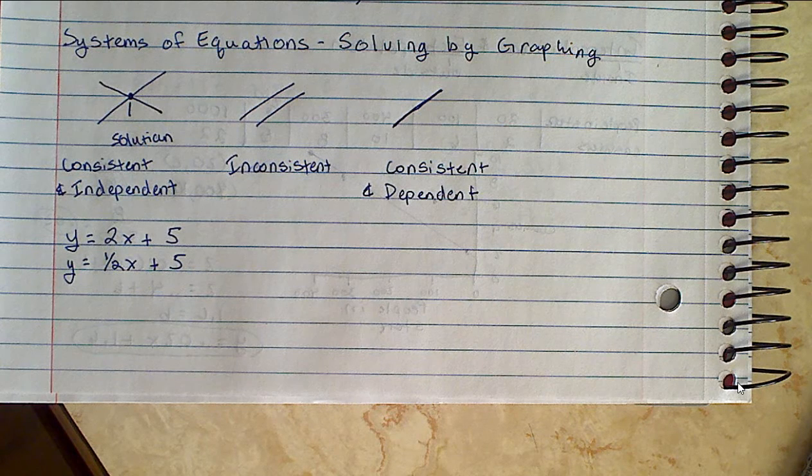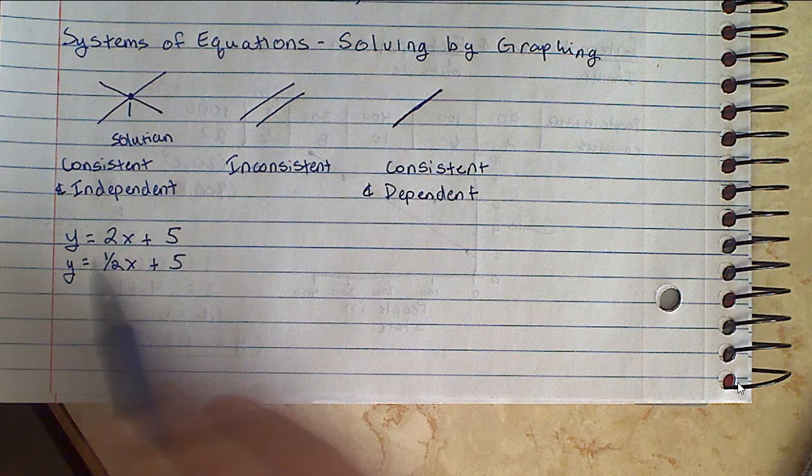So with these two lines here, I want to find, first of all, I want to tell if they're consistent and independent, inconsistent, consistent and dependent, and then if they are consistent and independent, I want to find what the solution is. So the point where they intersect. I want to say what that point is if they intersect. If they don't intersect, I want to say that they don't intersect, and then just leave it at that.